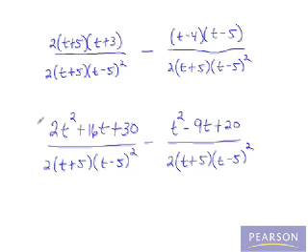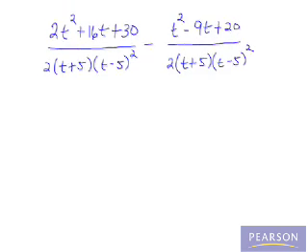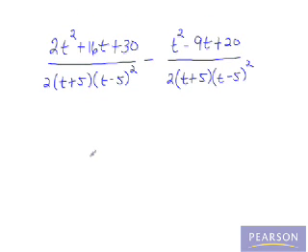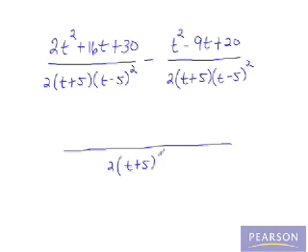Now that we have a common denominator, we can write our fraction as one fraction by combining our numerators. Our common denominator, again, is 2 times (t + 5) times (t − 5) quantity squared.